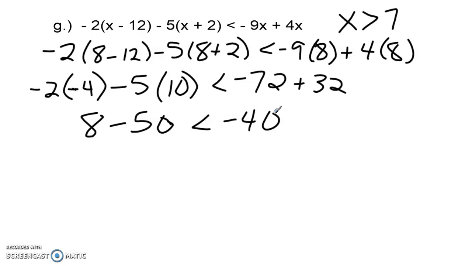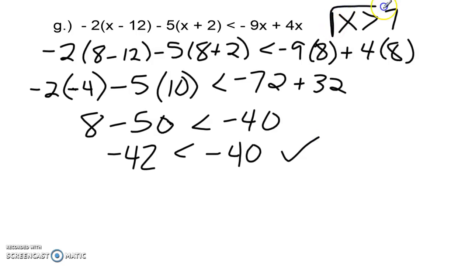And then 8 minus 50, negative 42. And is a negative 42 less than a negative 40? Is it smaller? It is. So we can say that x is greater than 7.